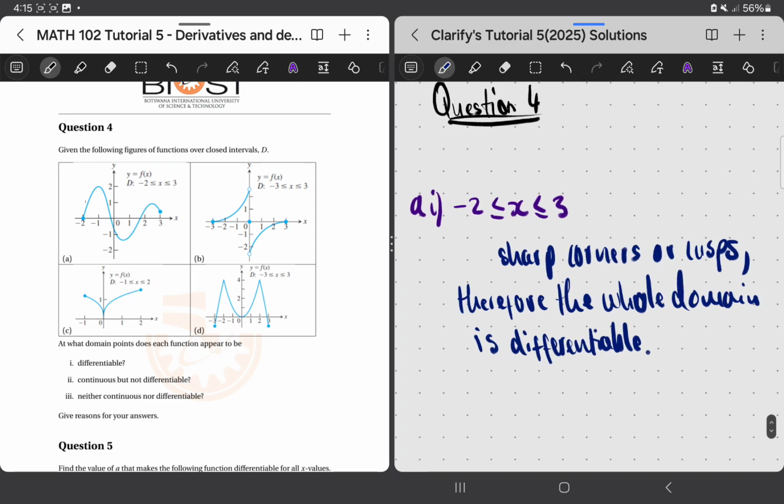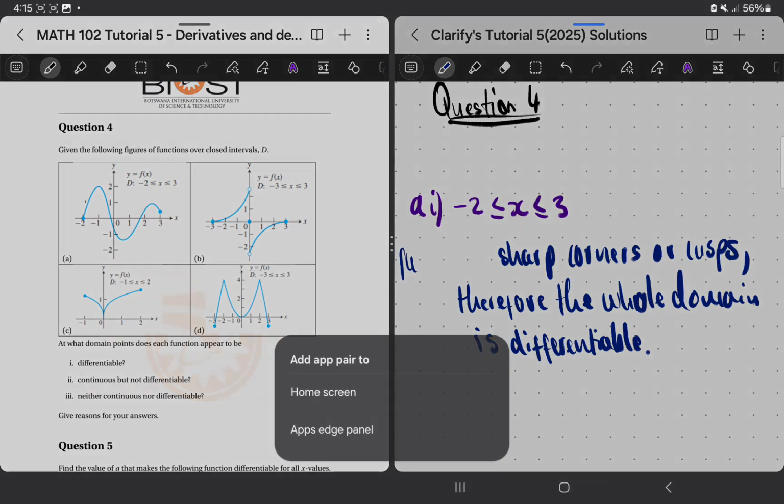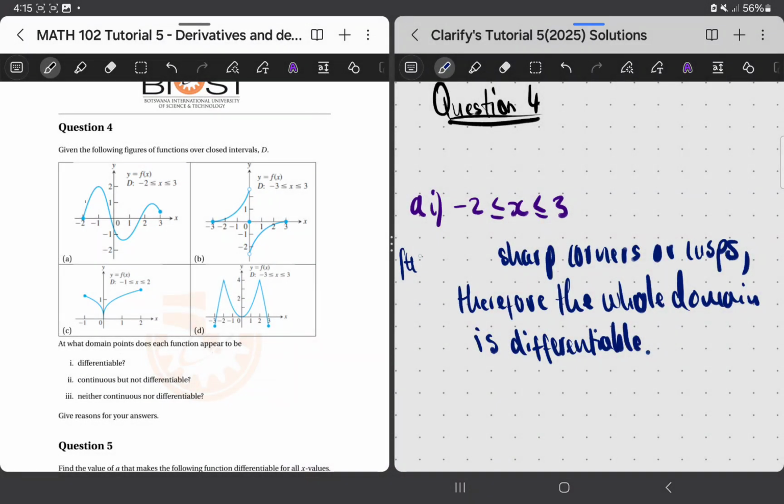Okay, you can put that. Sorry for having to edit. Function is continuous and has no sharp corners or cusps. Therefore, the whole domain is differentiable.